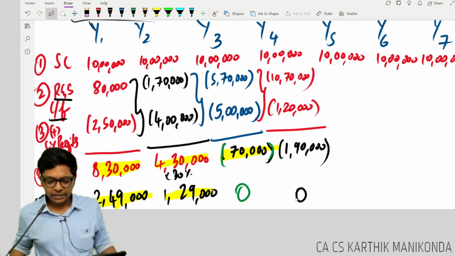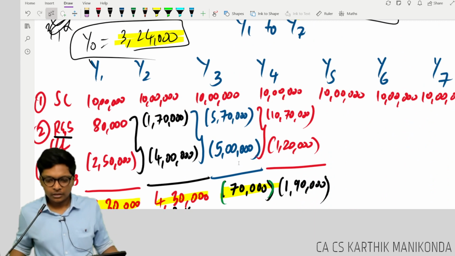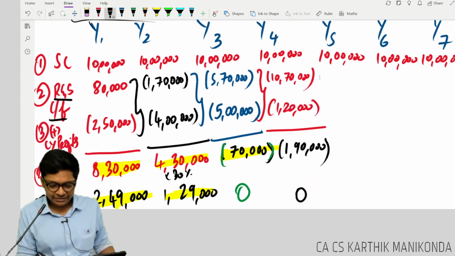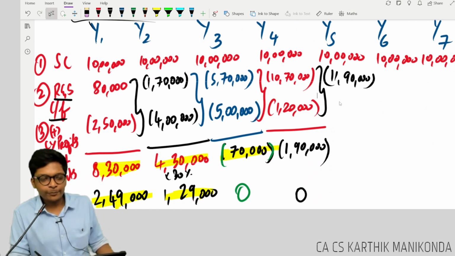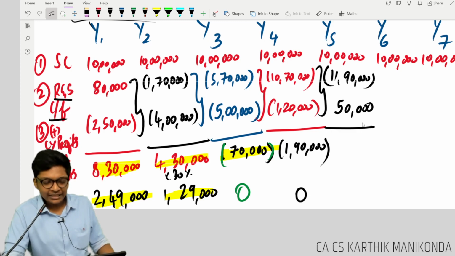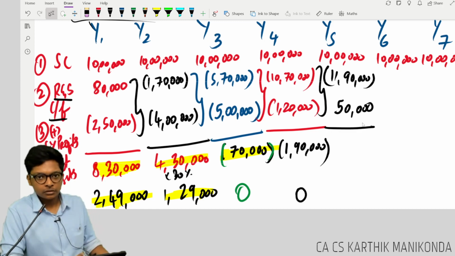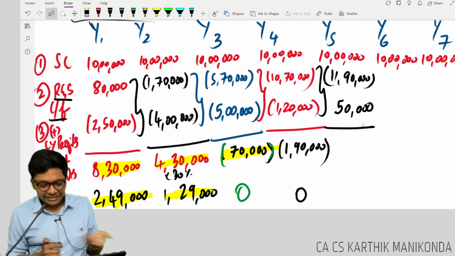Okay. Next, year 5. In year 5, 50 profit came, correct? But first let me do the same stepwise. Add both. How much? 11,90,000 loss. But this year profit is 50. But the 50 is not enough to make it a profit, correct? So still I have a loss.